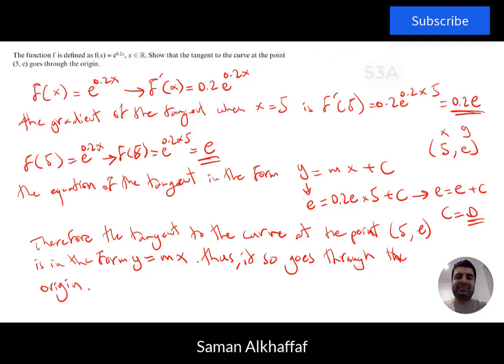This will be our explanation for this question: the tangent is in the form y equals mx because we found the value of c to be 0, and thus it goes through the origin.